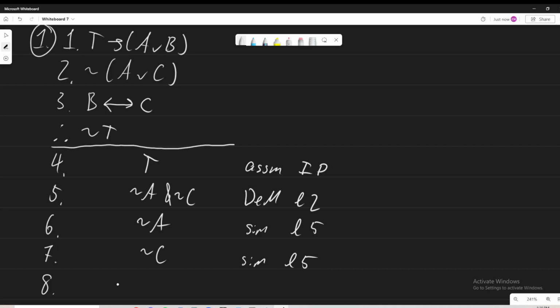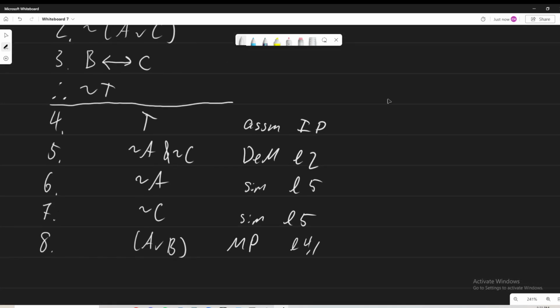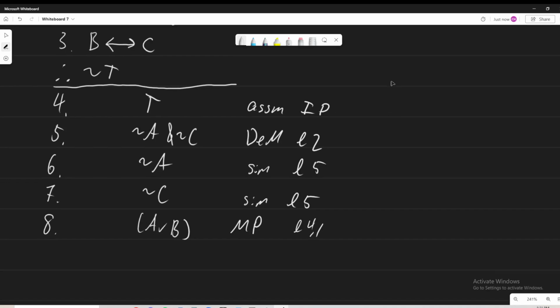We'll see in line 1, we have a conditional: if T, then A or B. So using line 4 and line 1, with modus ponens, we can get A or B. That's great. I'll even star line 1, telling me I've used up that line, so to say. And even line 2 we used to get that De Morgan's of not A and not C.